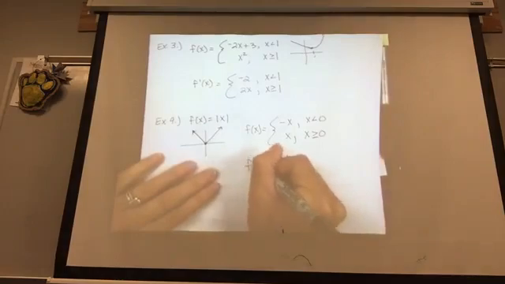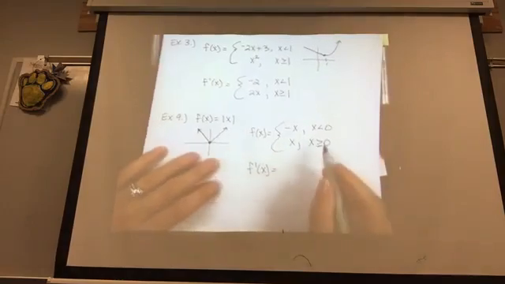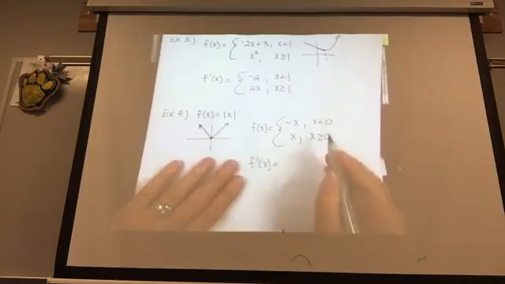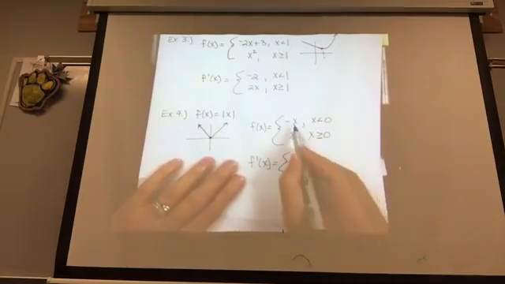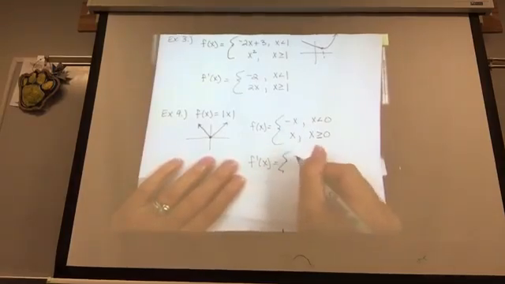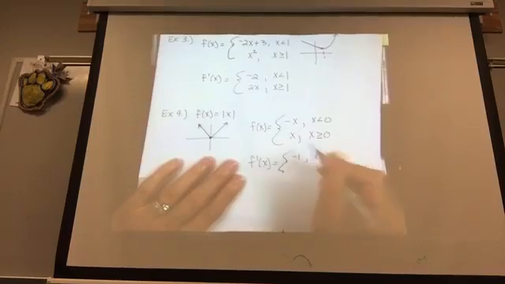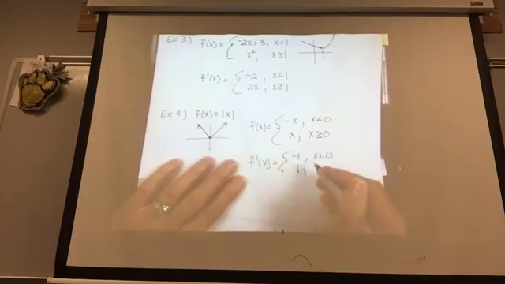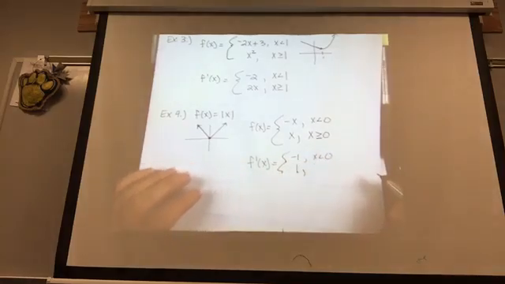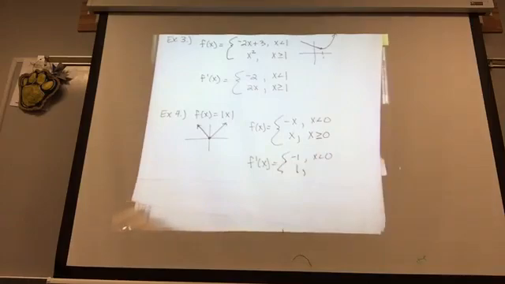And then now we can write the derivative. I know for when x is less than 0, what's my derivative? Negative 1. And then for when x is greater than or equal to 0, what's my derivative? Positive 1. But can I take the derivative at 0?